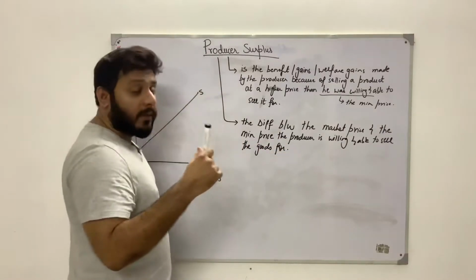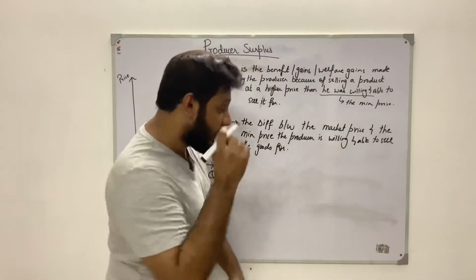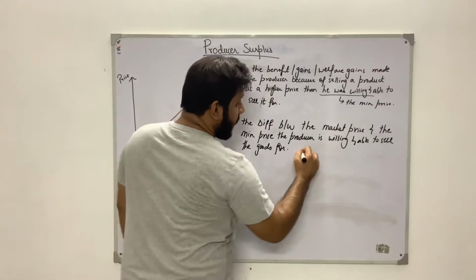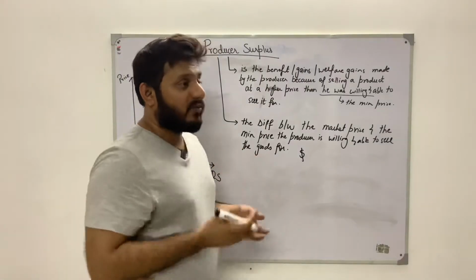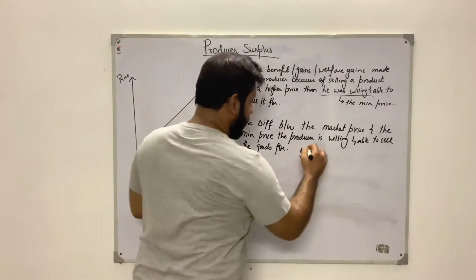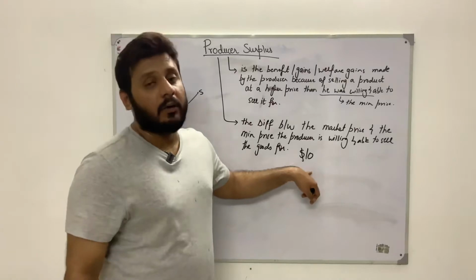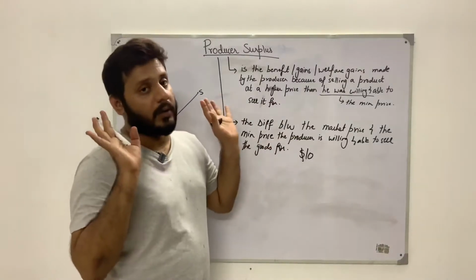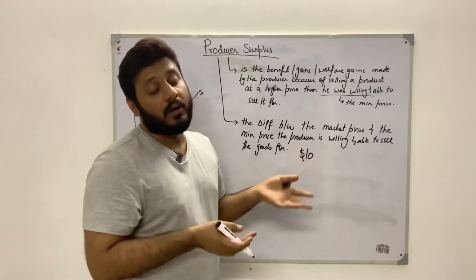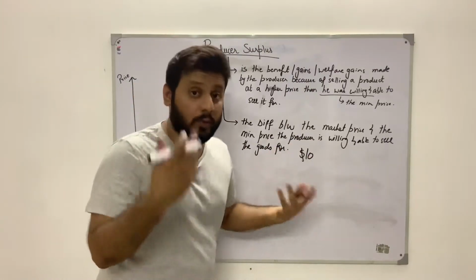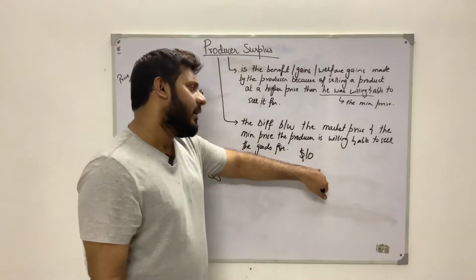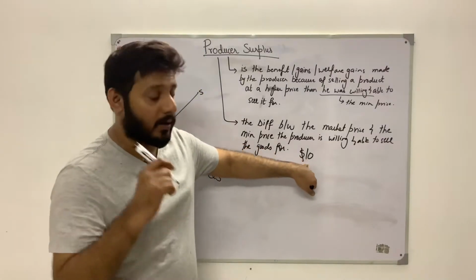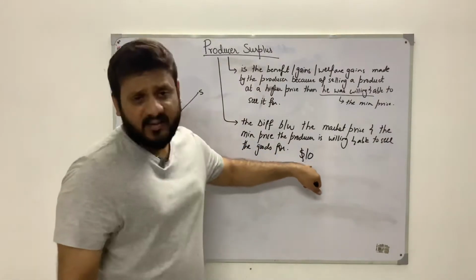So remember the example of the marker, where I said the minimum price I am willing to sell the marker for is, let's say, $10. I'm not going to sell it for below $10. This is the minimum. Above $10, very good, yes, definitely. If someone gives me more than $10, I'm more than happy, but not below this. And why is this the minimum price?